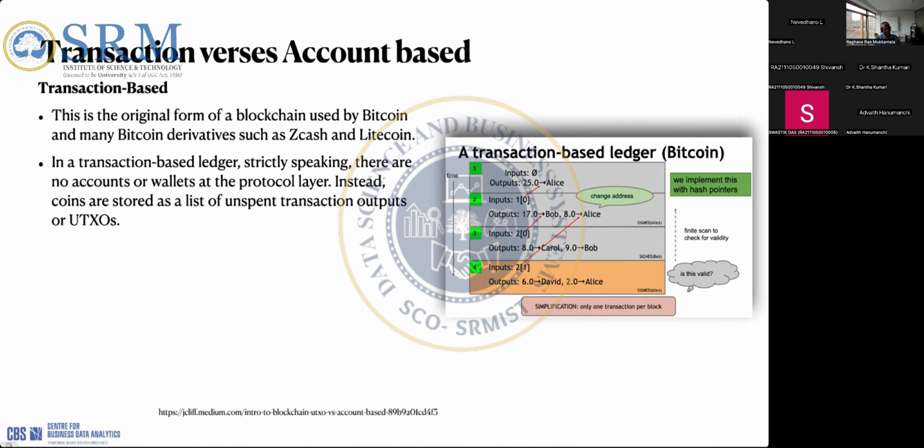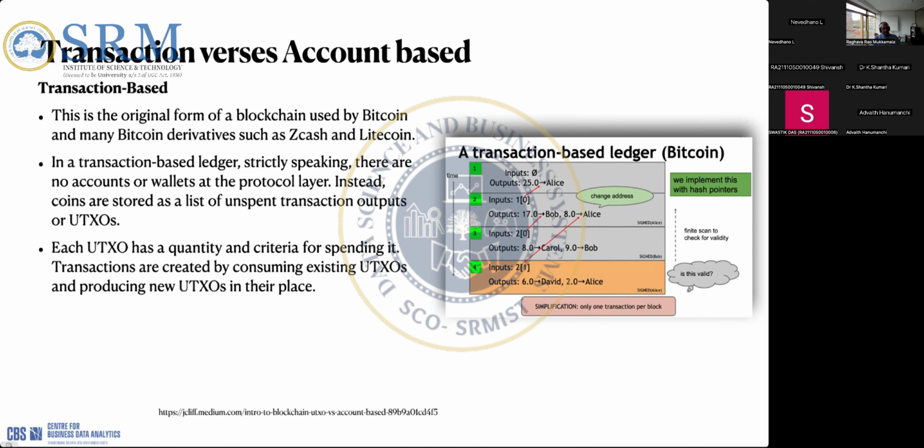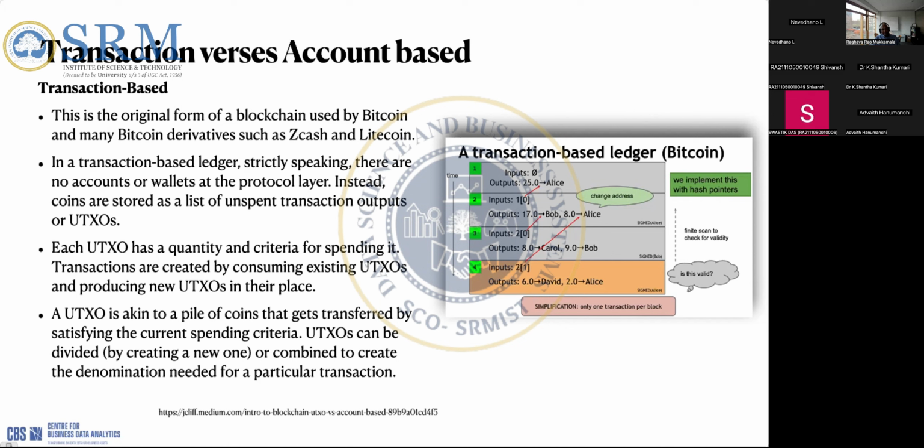We have discussed these things. Basically, the coins are stored in terms of unspent transactions, or UTXOs, and each unspent transaction has a quantity. You create a new transaction by combining different coins from the unspent transactions. So the transaction-based ledger is quite convenient for cryptocurrencies because of the finite state verification.